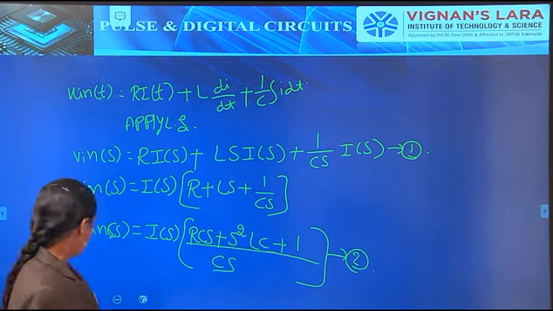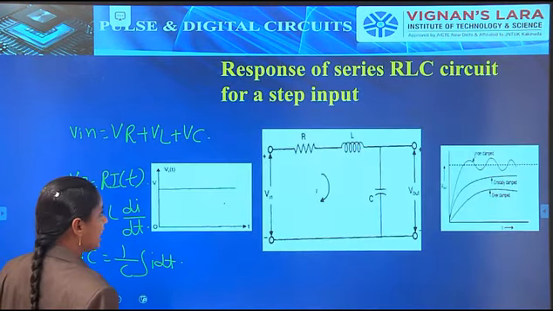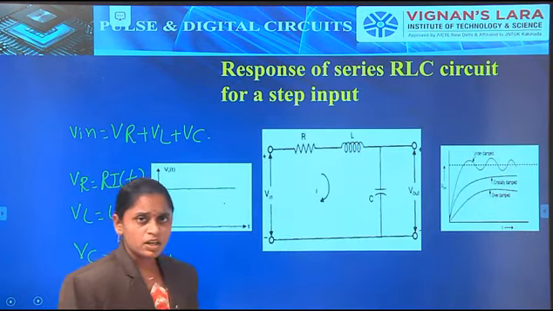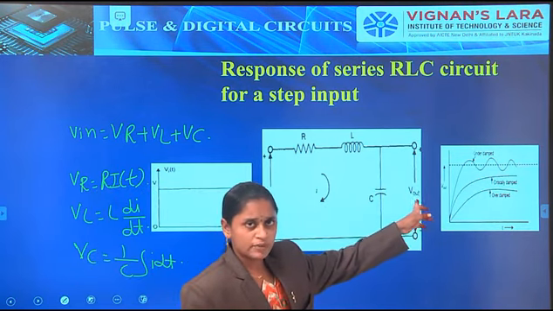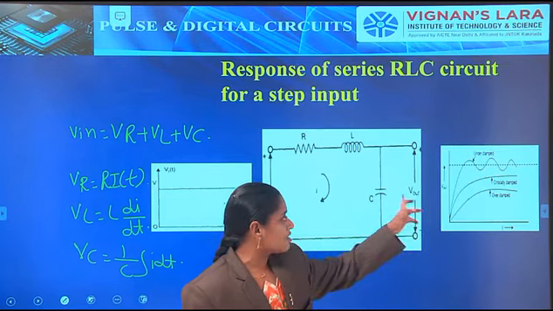From the previous diagram, we observe the condition for V naught of t, where we take the output across the capacitor.